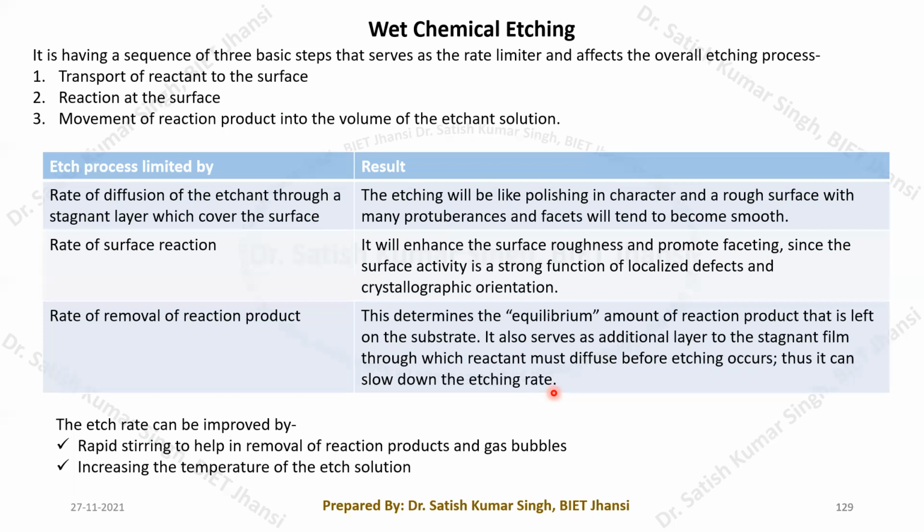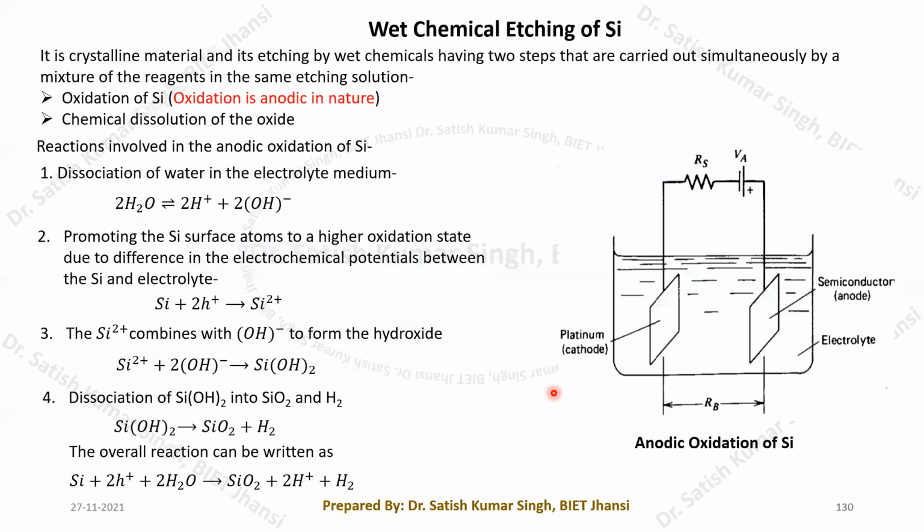So we are limiting our discussion to wet chemical etching of silicon. I'm not discussing gallium arsenide. We can also discuss it, but we have to limit ourselves to silicon only. So try to understand how wet chemical etching of silicon is done.